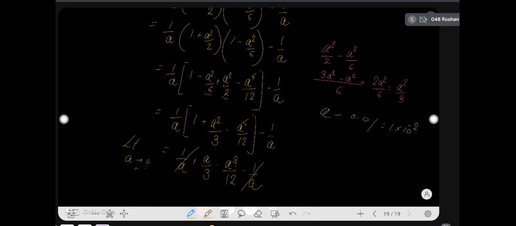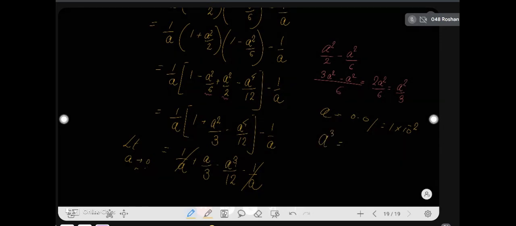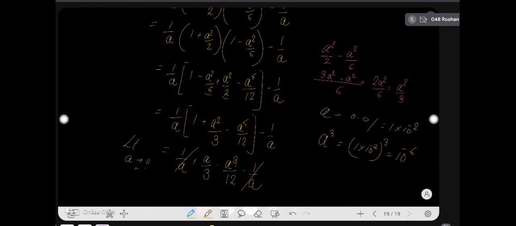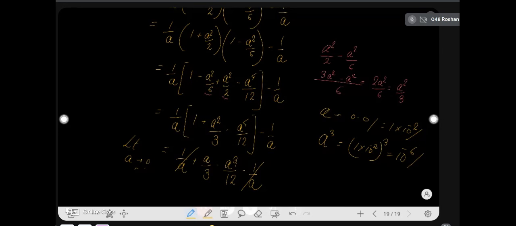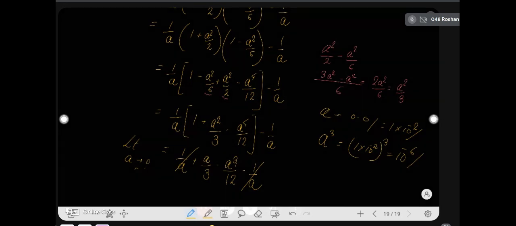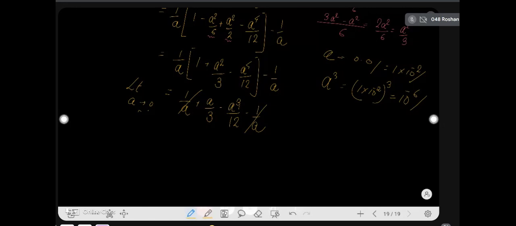In that case, this a cube becomes equal to 1 into 10 to the power minus 2 whole cube, that is equal to 10 to the power minus 6. So compared to 10 to the power minus 2, 10 to the power minus 6 is very small. That means using the limiting condition, we can directly write that this particular term a cube by 12 can be eliminated, and this Langevin function L(a) has a value a by 3.